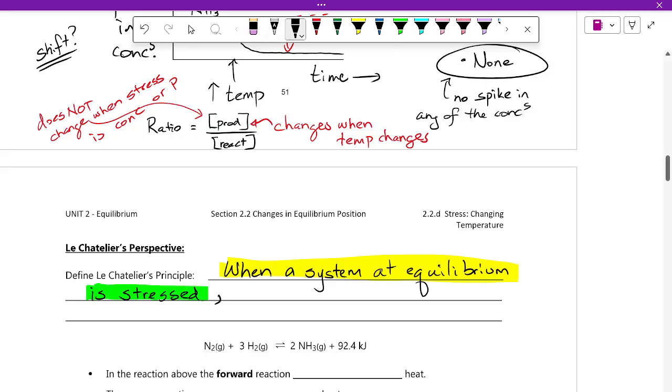we need another noun. Could be the same noun. System will shift. Shift back to something.